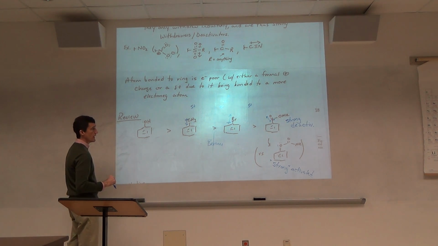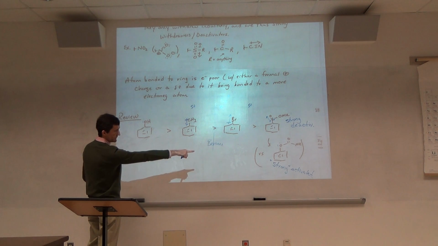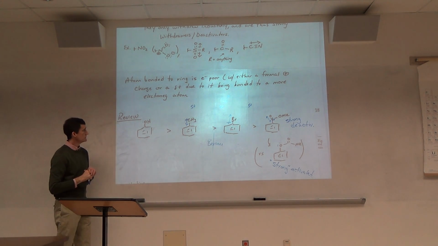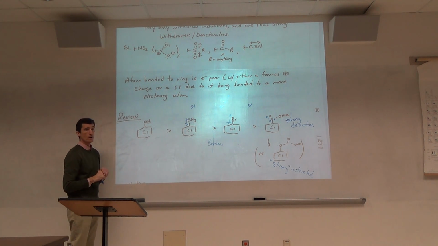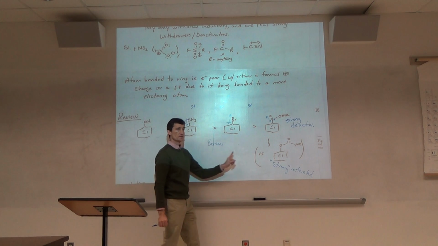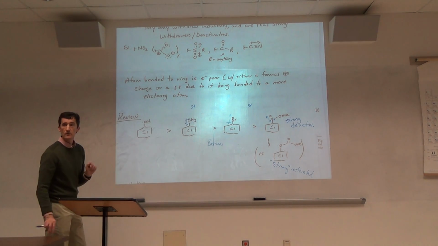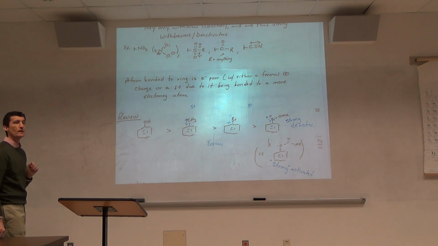Answer this. Which one is more activated, the one on the bottom right or phenol? Someone said this one. Why is this one more activated than phenol? I didn't hear it. Who picked the one on the bottom right?